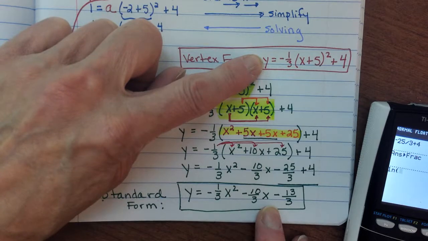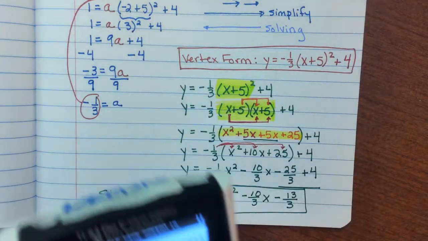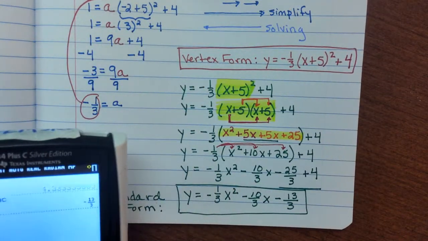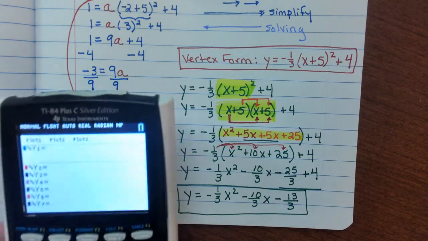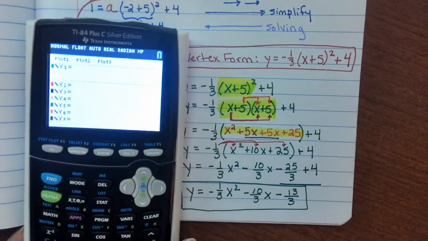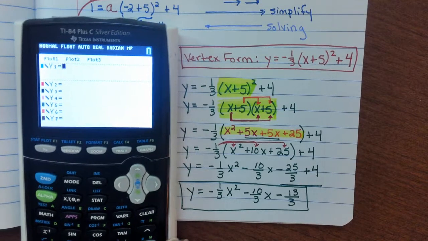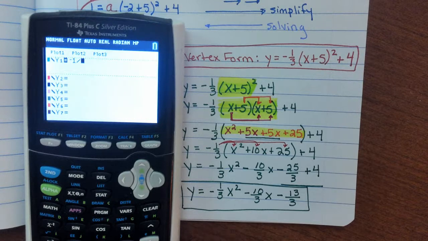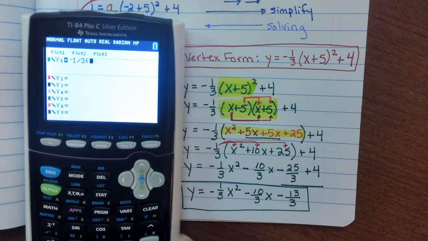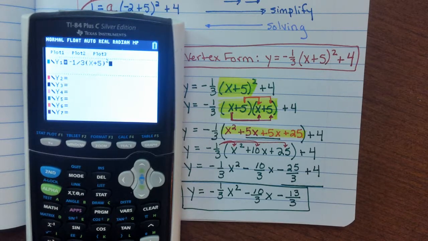Okay, so what we're going to do now is check to make sure that these two graph exactly the same, just in case I made a mistake. So I'm going to go to my y equals. I'm going to clear out what's in my y equals, and I'm going to put in my vertex form. Negative 1/3 times parentheses x plus 5 squared plus 4.